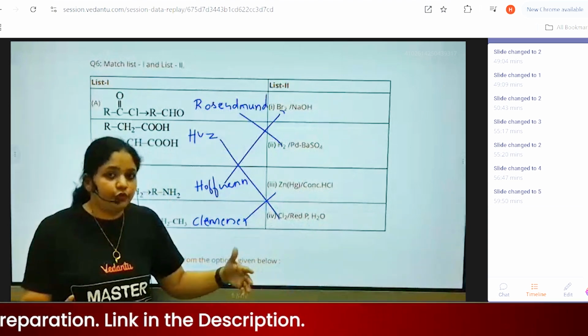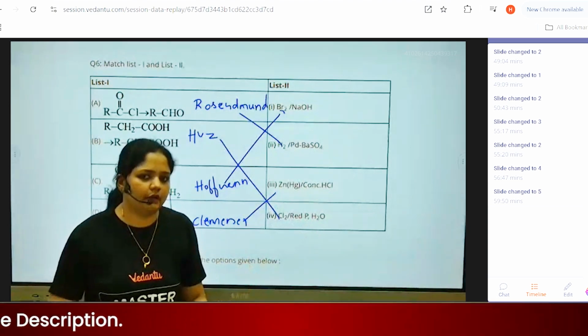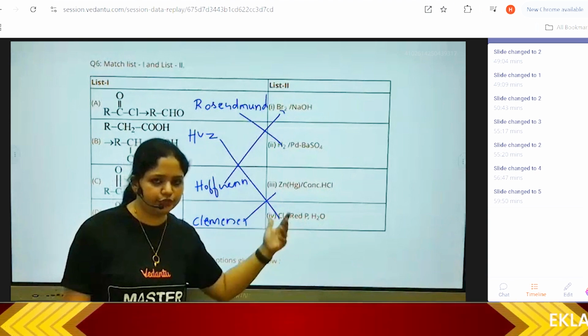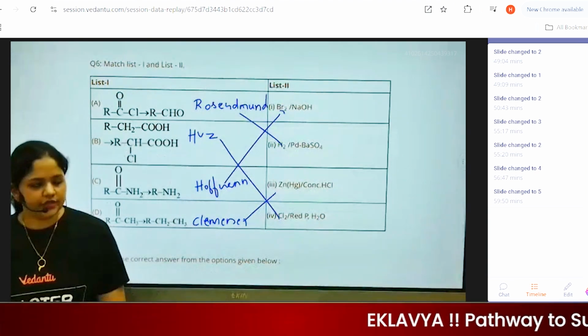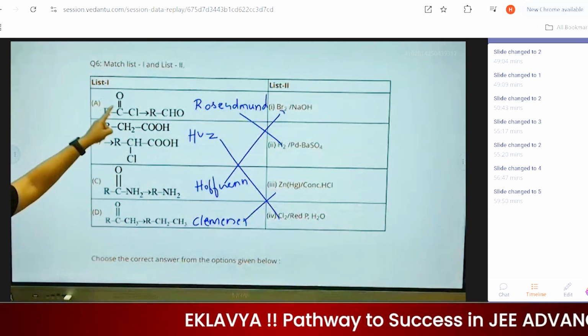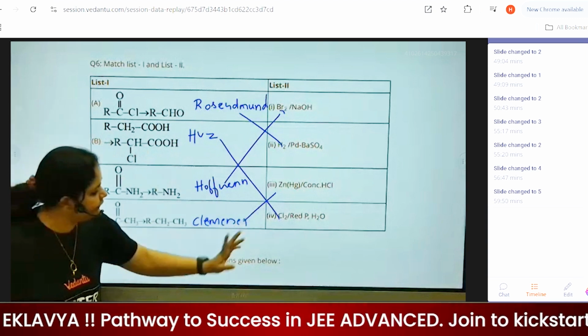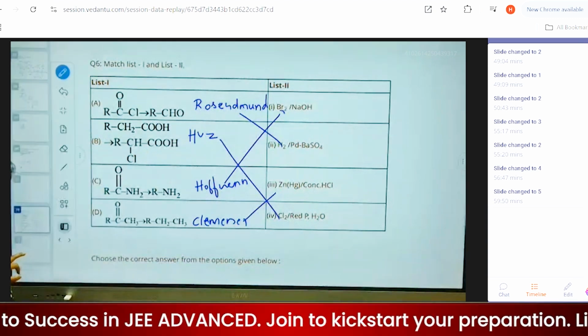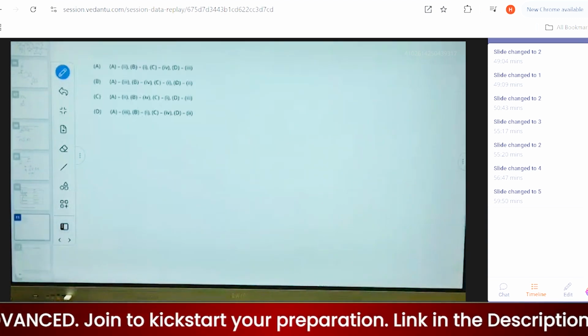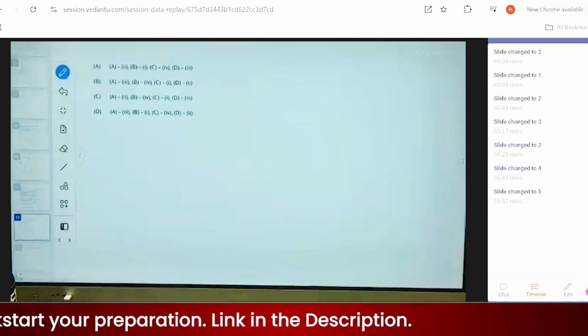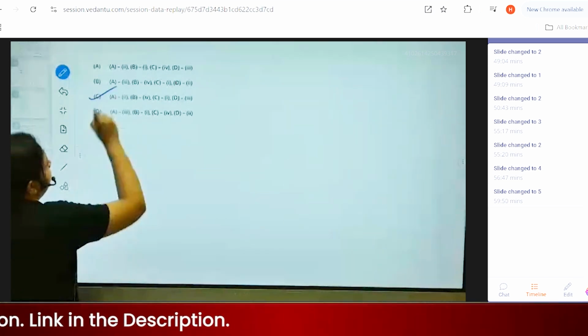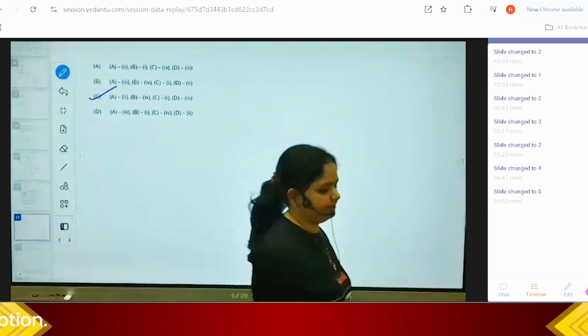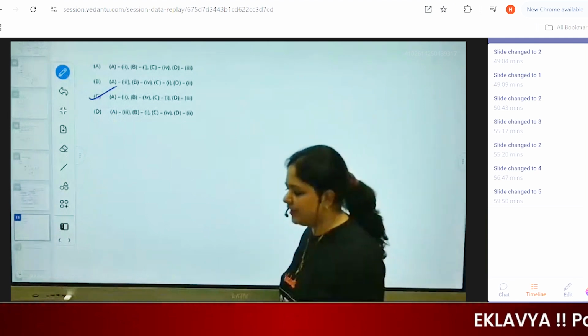Even if you don't know 1 and 2, later you can figure them out from the reactions which you know. So here 1, A2, B4. Let me see the options: A2, B4, C1, D3. This is the answer. Moving further, next.